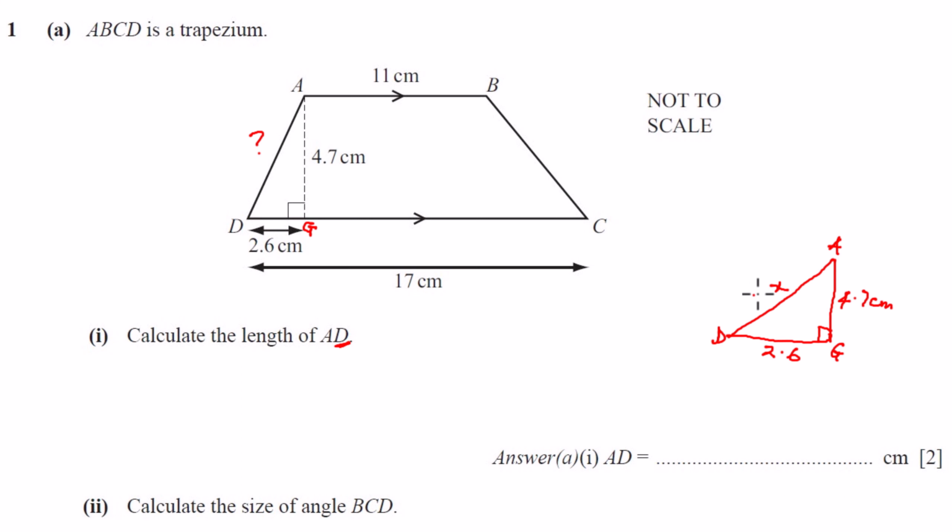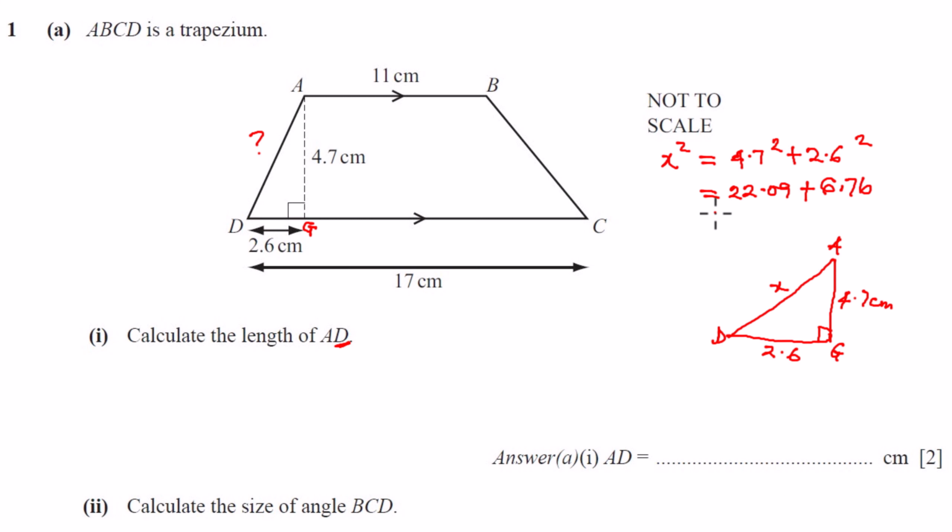Since this is the hypotenuse, we can say x squared is equal to 4.7 squared plus 2.6 squared. 4.7 squared is 22.09, plus 2.6 squared, that's 6.76.